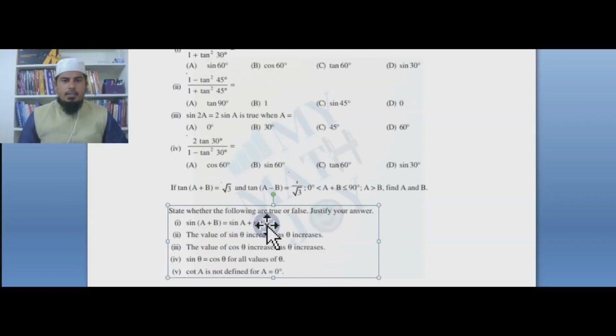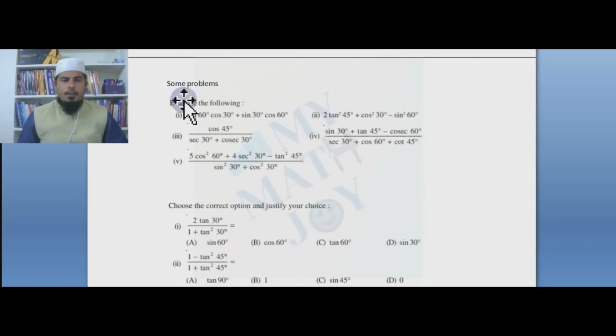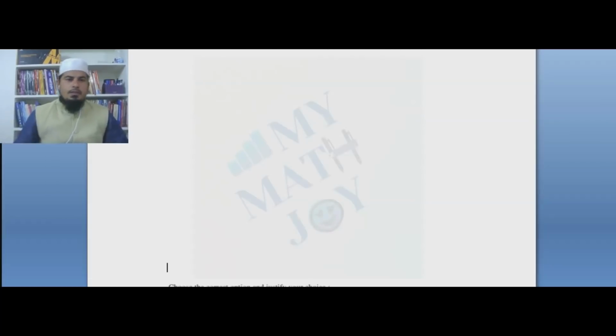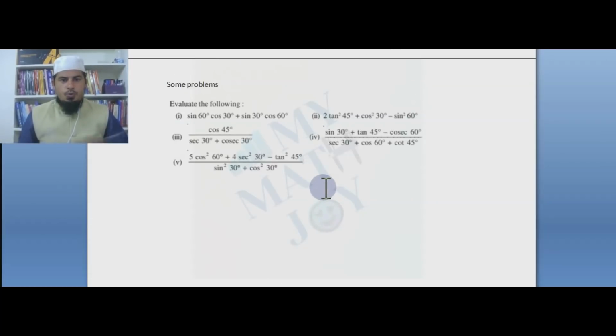So let us see each and every type. In the evaluate type, for your information I am going to solve one question, but the rest of the problems you are going to do.